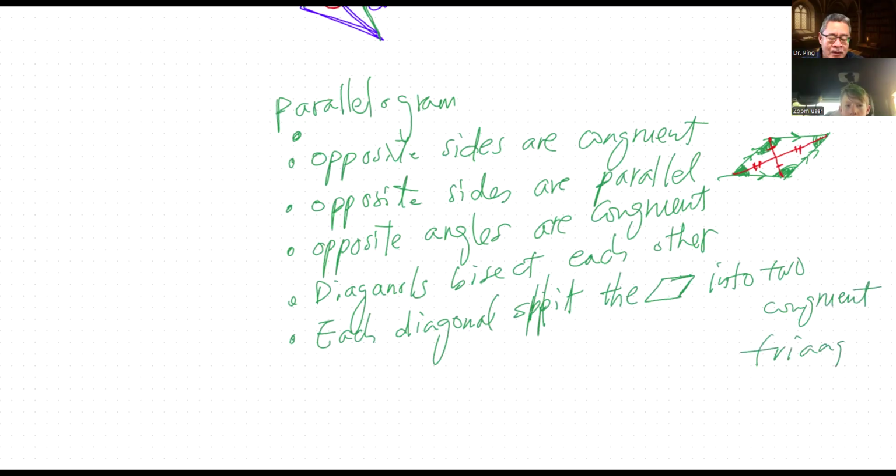Okay, so you can think of this triangle, right? This triangle is congruent to the triangle below. And also this triangle is congruent to this triangle. So basically the diagonals cut the parallelogram into two congruent triangles. Good?